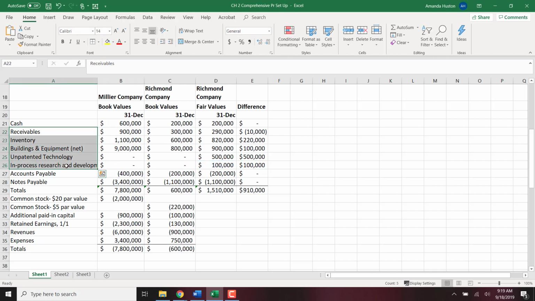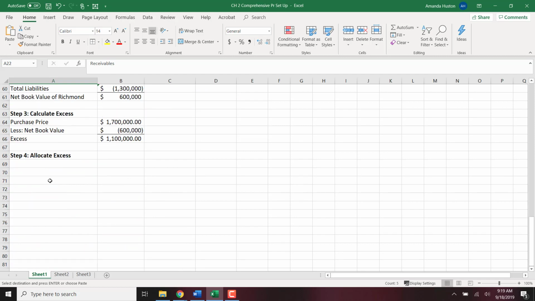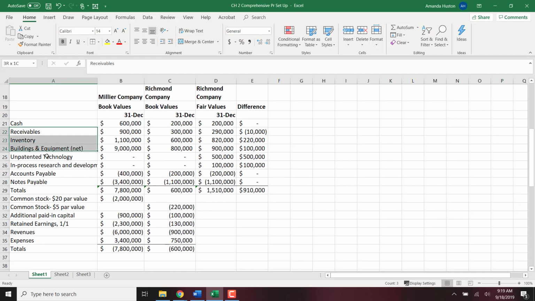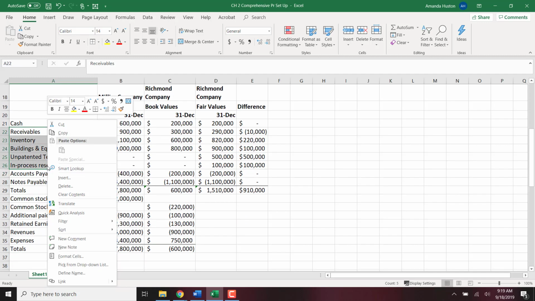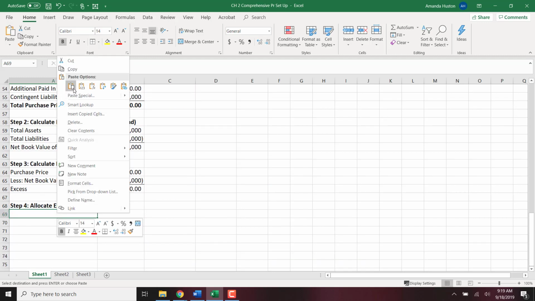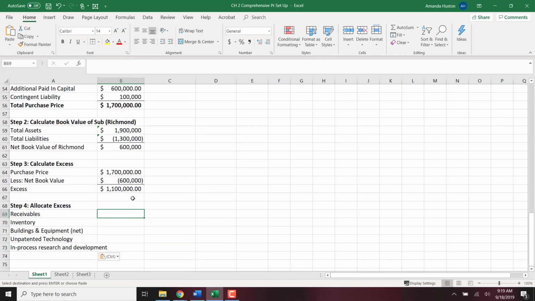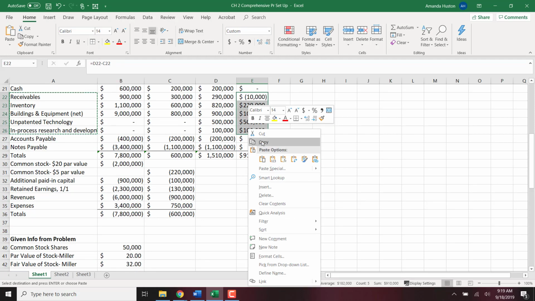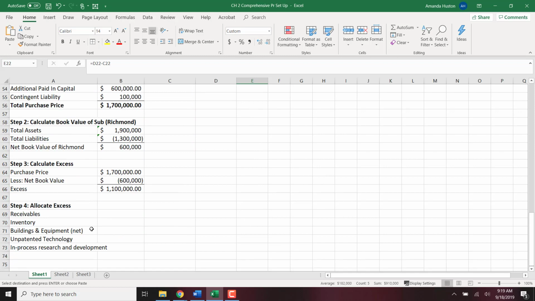So it's right here. I'm just going to copy and paste those names down here. Oops, I pressed something. So again, I'm going back up here. Copy. I'm pasting the names, anything that had a fair value difference. And then I'm going to copy and paste the values.